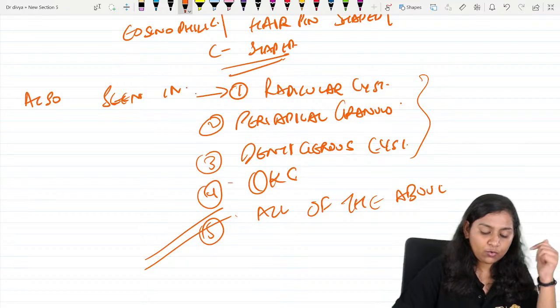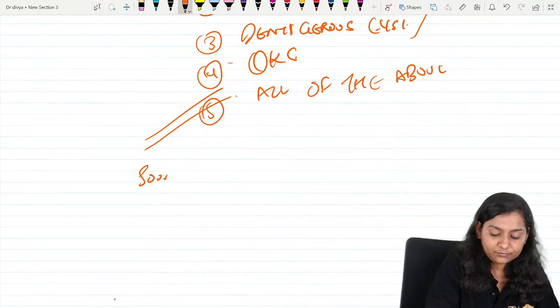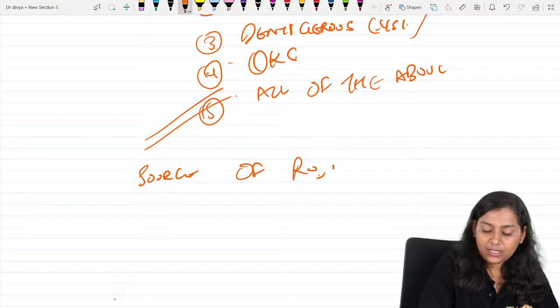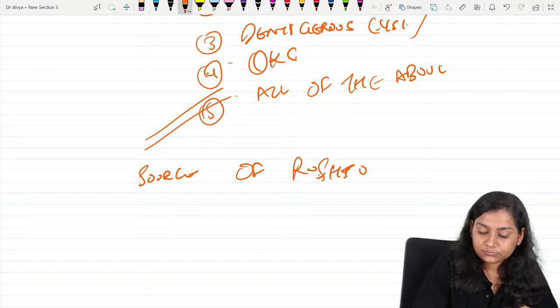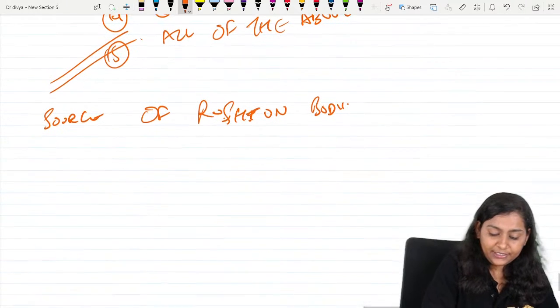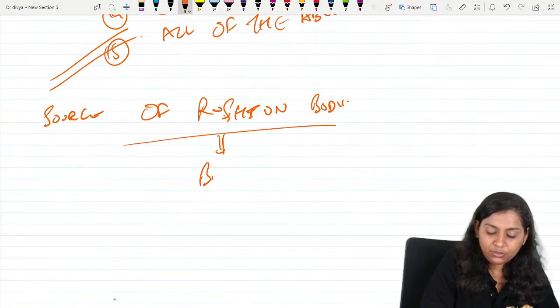Now, what is the source of this Rushton body? All these have been asked in your paper, okay? Now, it comes from breakdown of RBC.